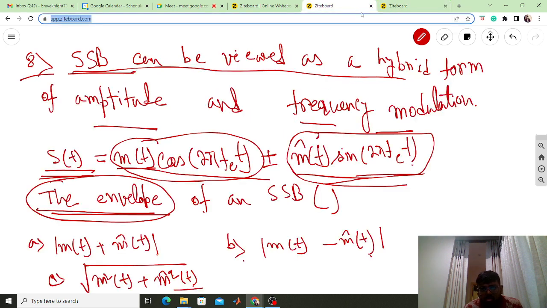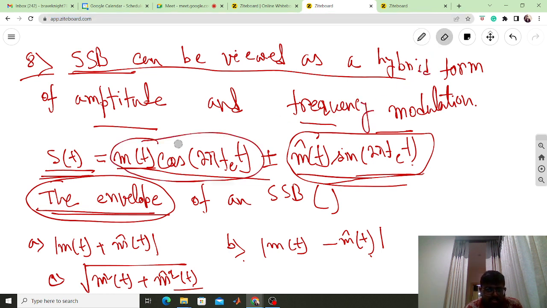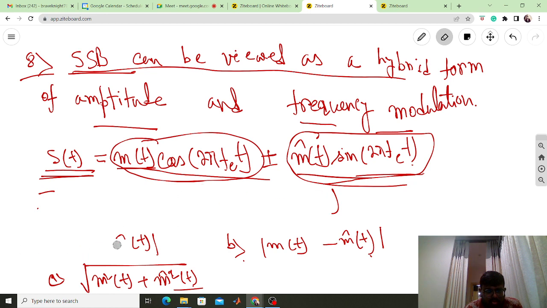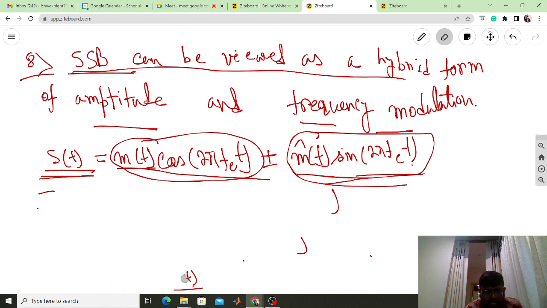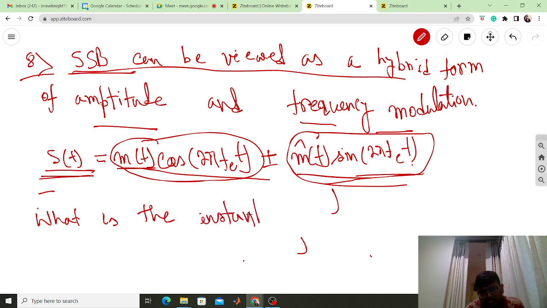Now the next question, for the same setup, I'm just writing the next question. What is the instantaneous frequency of the lower sideband?